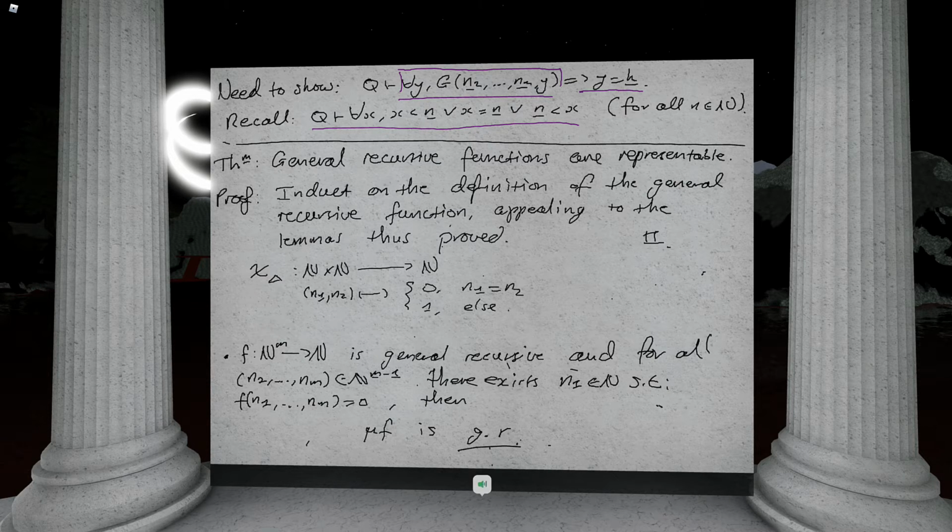Right, and mu f maps from N^(m-1) to N, and it just takes an (m-1)-tuple n2 up to nm, and it maps that to the least n1 such that f of n1 up to nm is equal to 0.